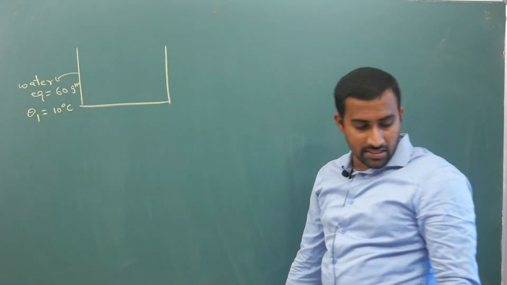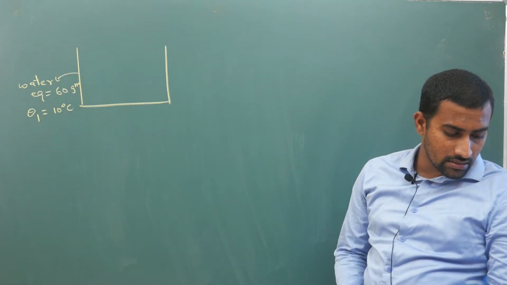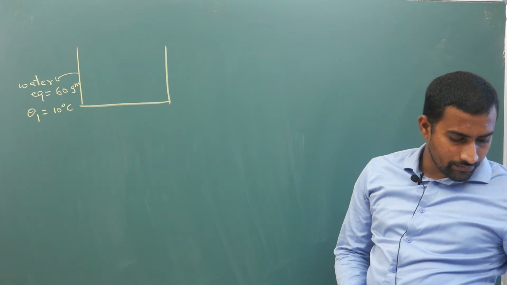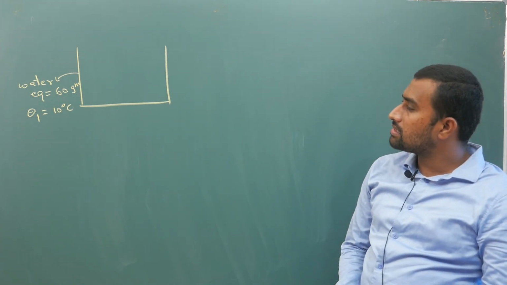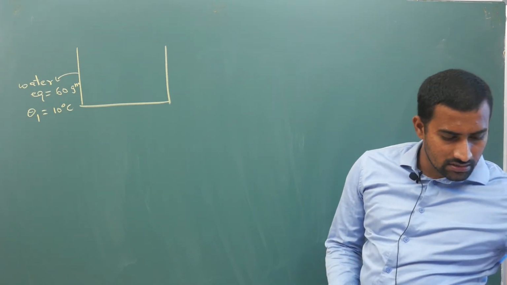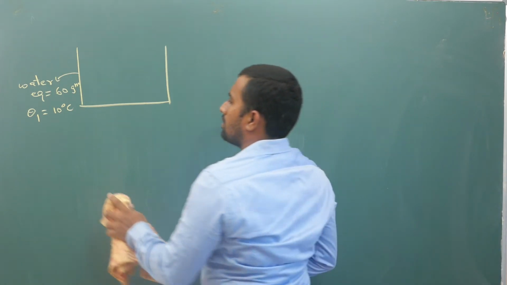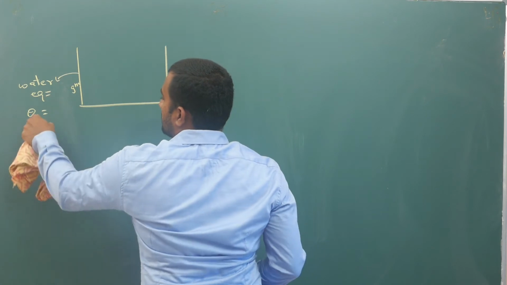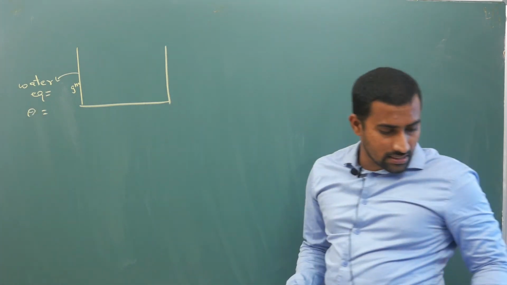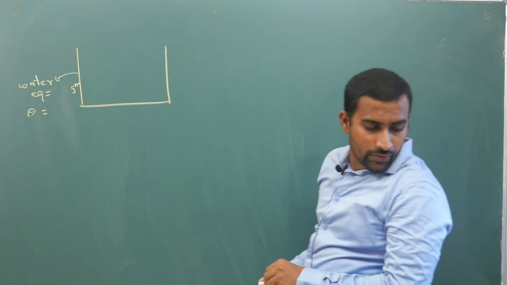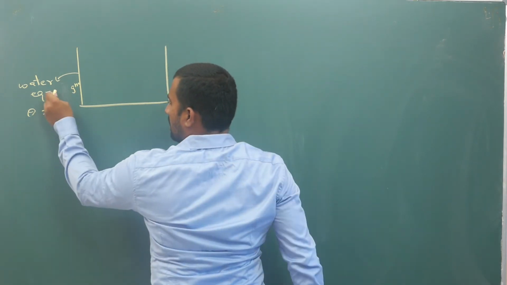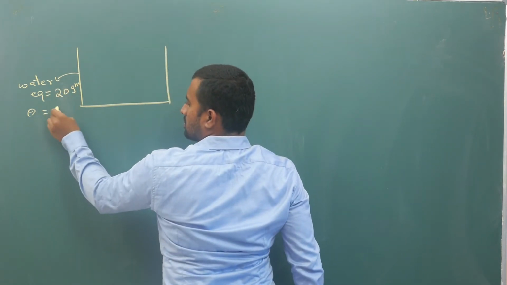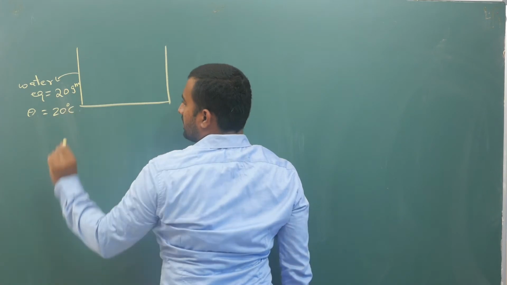Your temperature of container is 10 degrees centigrade. I think I have written it wrong. Let us not take 60, let us take 20 and 20. The answer should match with the options, so I will take 20 and 20.